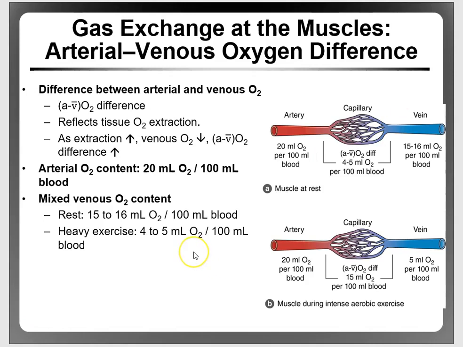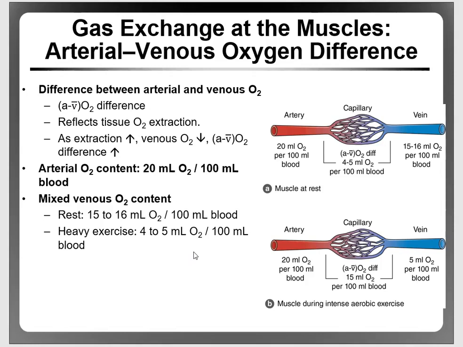So why is there this difference? The difference between this arterial and mixed venous oxygen content reflects the 4 to 5 mils of oxygen per 100 mils of blood that's taken up by the tissue. And so as this extraction increases, then the venous oxygen amount is going to decrease.